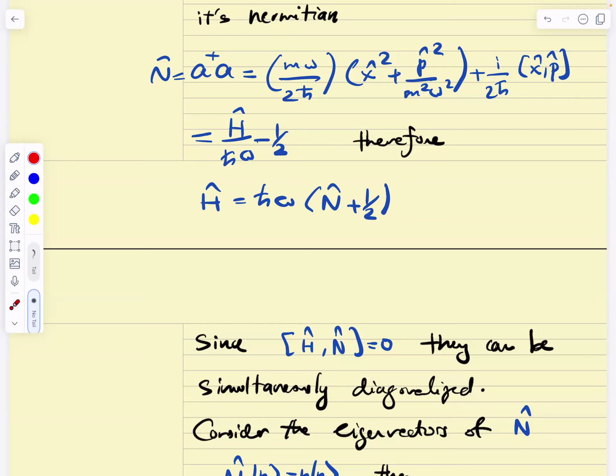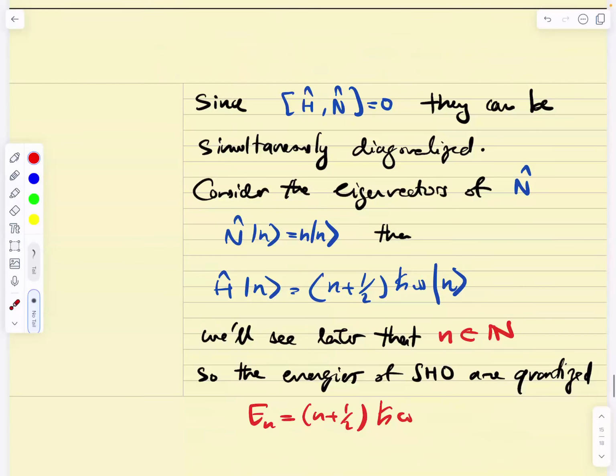Sometimes we call them raising and lowering operators because they're just increasing and decreasing the eigenvalues of this. So let's see. Those words maybe were too quick, but now we're going to go over it. First thing you notice is that H and n commute. So they're simultaneously diagonalizable. Therefore, I'm just going to talk about the eigenbasis of this n operator, the number operator, to talk about energies.